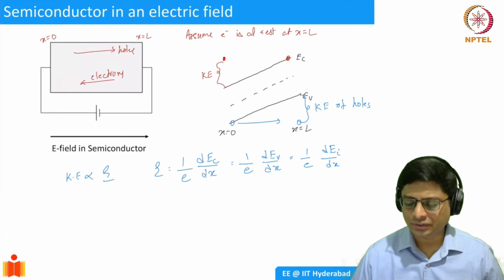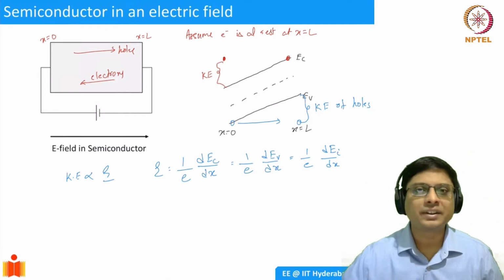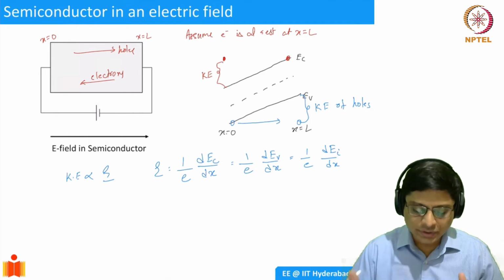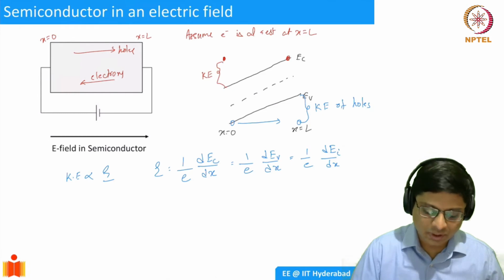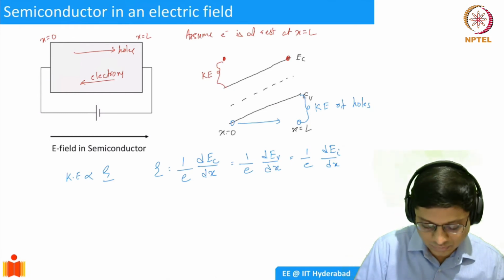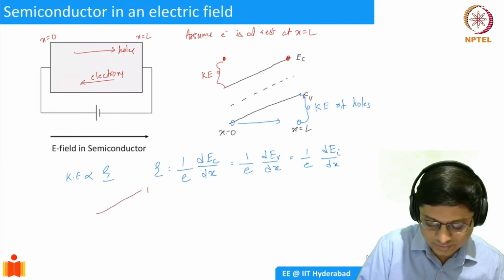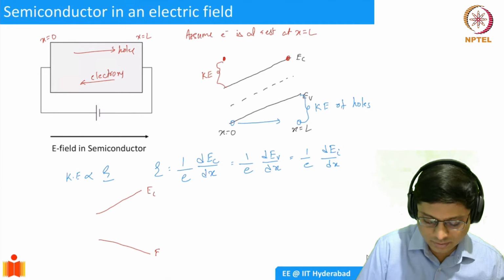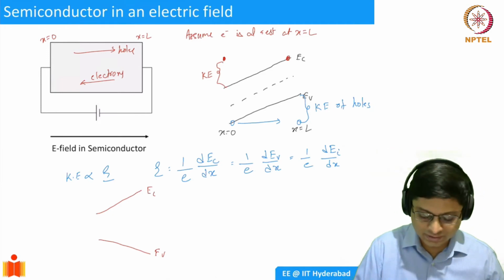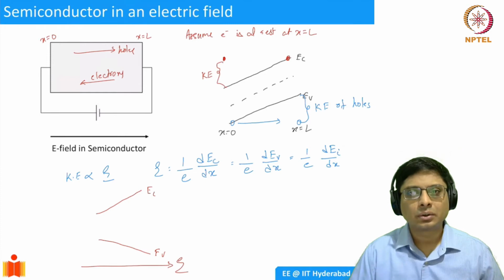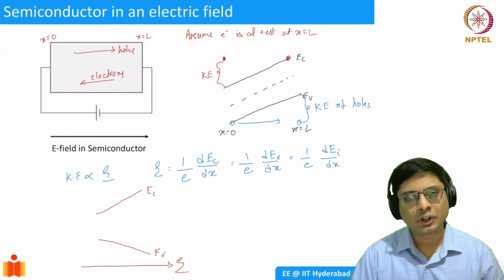Band diagrams are very helpful in understanding the physics of semiconductor devices. Now let's say you are new and you're confused. At some point we asked you to draw a band diagram, and you draw something like this: EC and EV, with an applied electric field like this. If I draw bands like this, would it be correct?